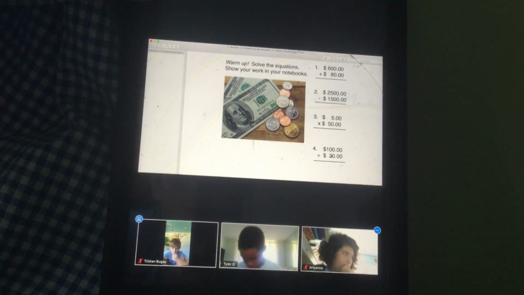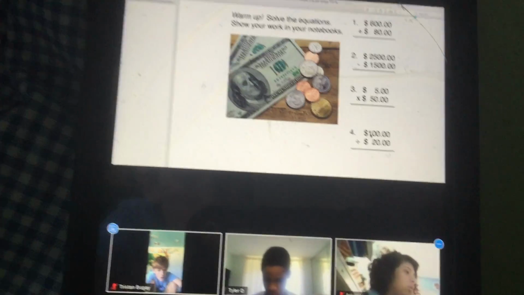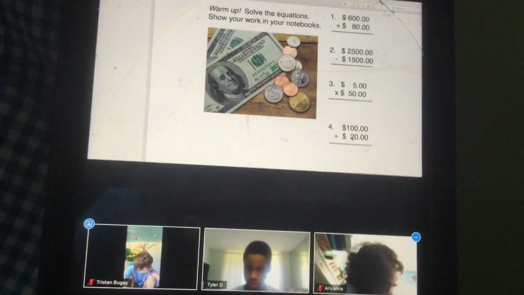You can count by 20s. 20, 40, 60, 80, 100. Right? So then you're going to divide that by 20. So for a clue, divide 10 by 2. The first two numbers. What's 10 divided by 2?